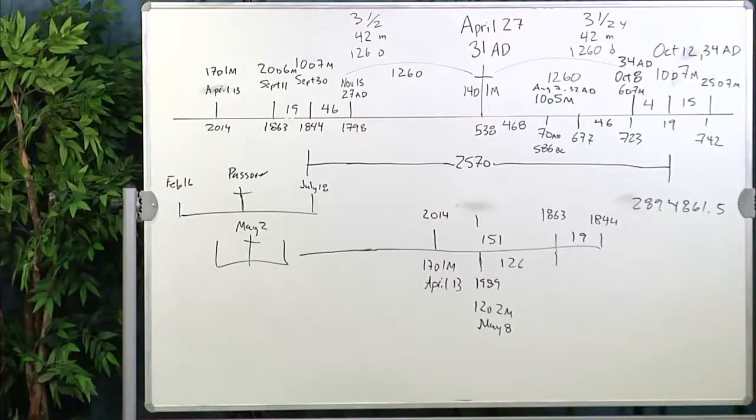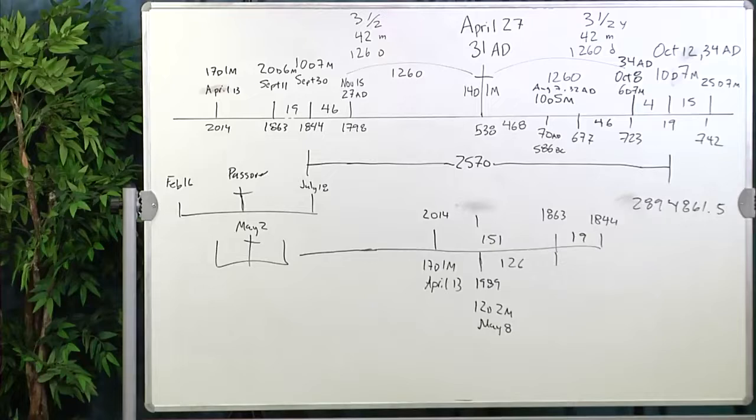Now, if we're going to look in 31 AD, we would just have to first add 50 days from the 27th of April. So I'm going to do this now. So first I go 31 AD, April 27th. Now technically Pentecost, so that's the cross.